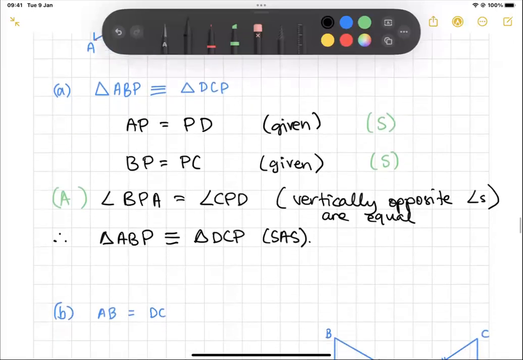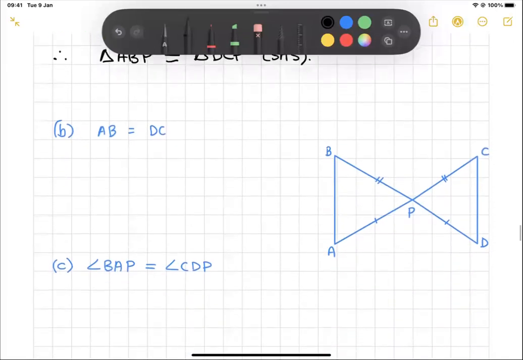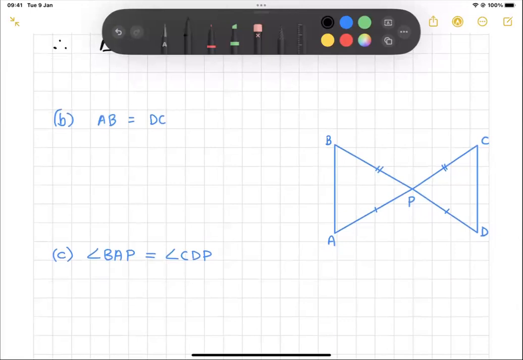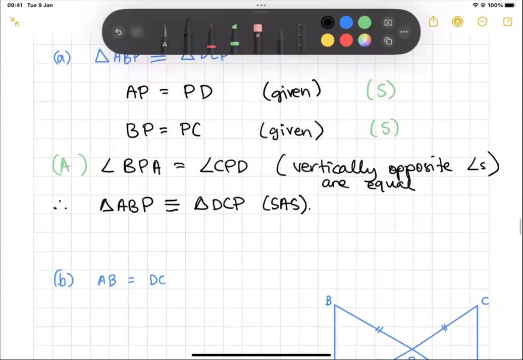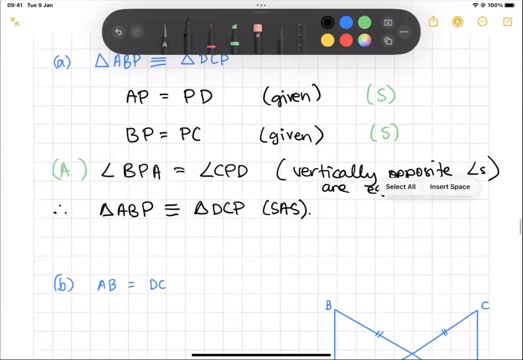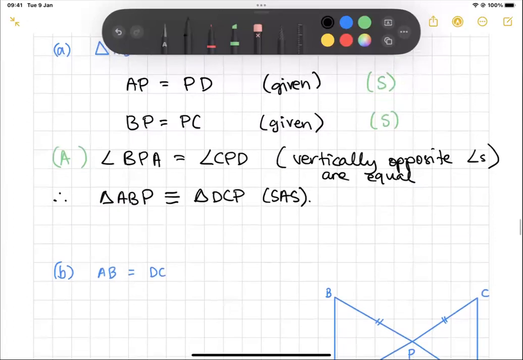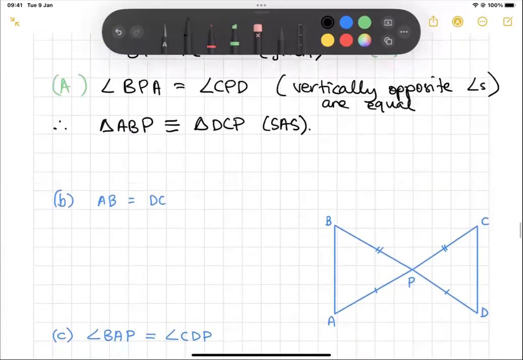Okay, let's go to question B. All right, so I've proved in A that triangle ABP is congruent to triangle DCP by the SAS test. My next part is prove that AB, so this line right here, is equal to DC.